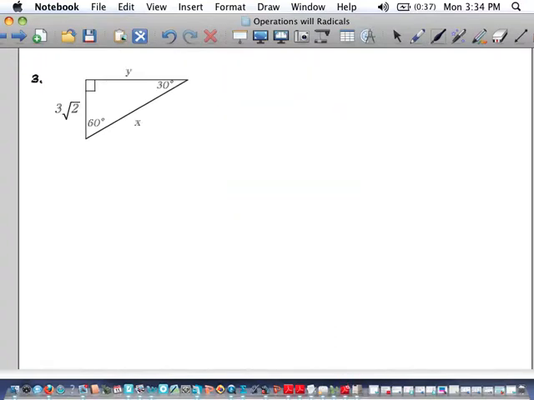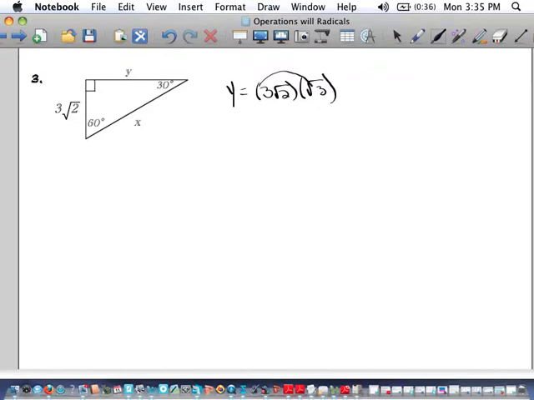The last one we're going to talk about on the packet is number 3. And again, it's a 30, 60, 90 triangle. The long leg, y, is equal to the short leg, 3 root 2, times the square root of 3. Multiply the coefficients together.